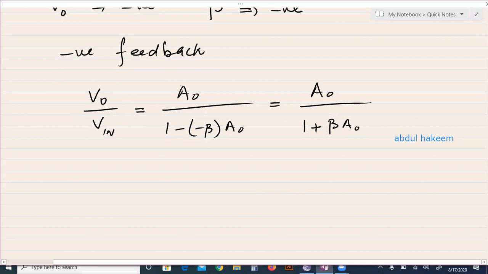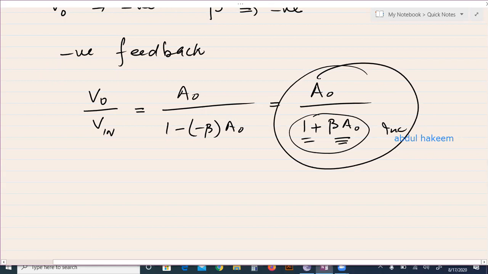Now in this situation, these two terms are added. So due to the addition of 1 and beta A naught, this portion, the denominator of the fraction, increases. So the whole fraction decreases, and the whole fraction is the gain.